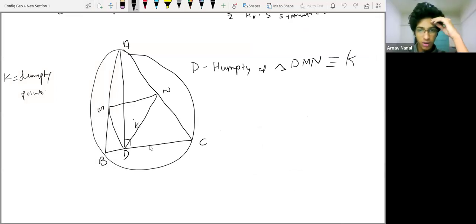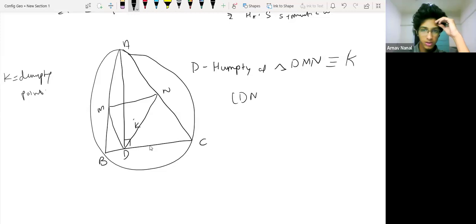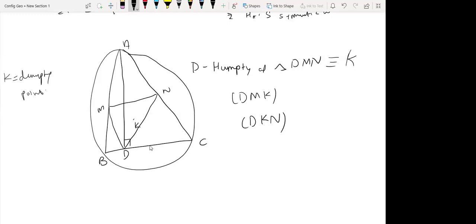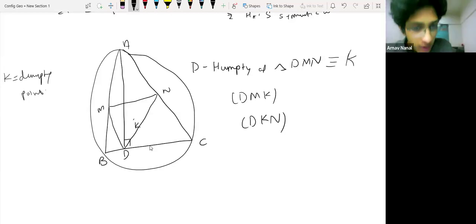Do you have any information about these circles? I think we can proceed using the isogonal conjugate. Sorry, your voice is not very clear.